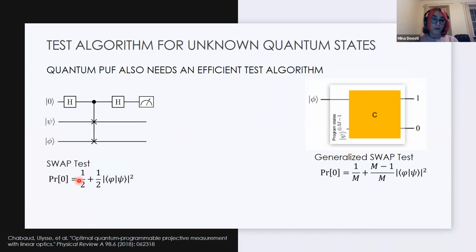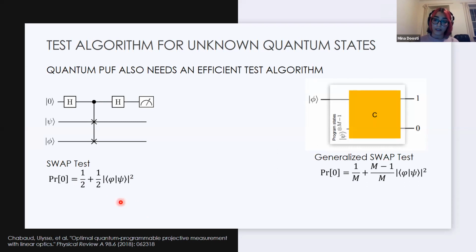Another tool that we need for quantum PUFs to work is an efficient quantum test algorithm that allows you to check the equality of two unknown quantum states, because if the mapping of the PUF is unknown, then the responses that it produces are also unknown quantum states. So you need to be able to check that. Fortunately, in quantum, we have such algorithms. For instance, we have swap tests that check the equality of two unknown quantum states with this probability.